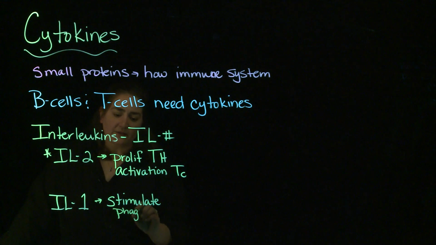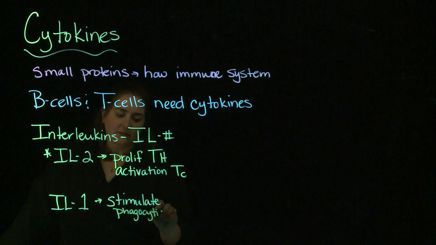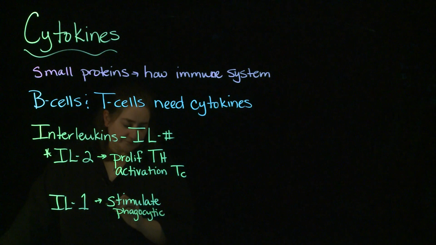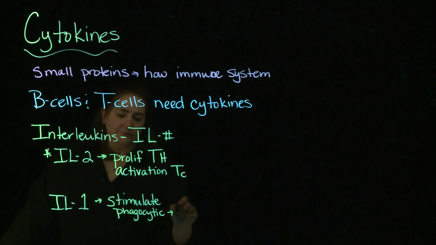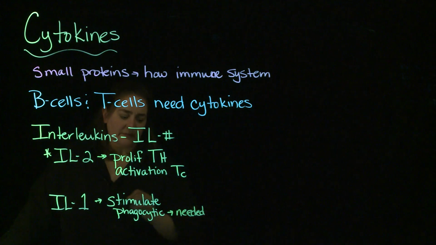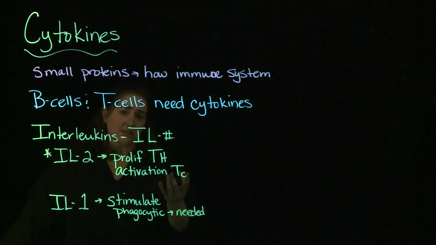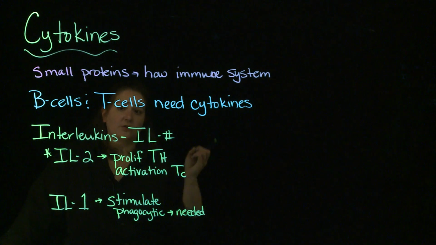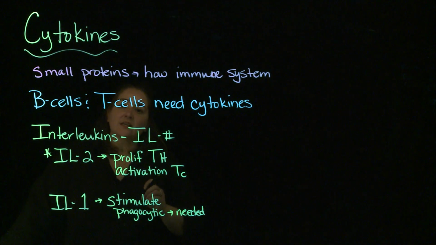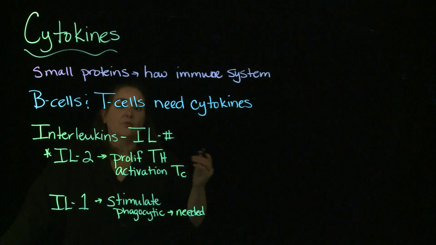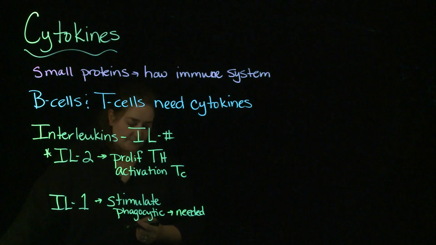It tells the phagocytic cells that they're needed in an area, so it attracts the phagocytic cells. Those phagocytic cells will engulf foreign particles and present them on the outside of them, where our B cells and T cells can determine whether or not that particular antigen is harmful.